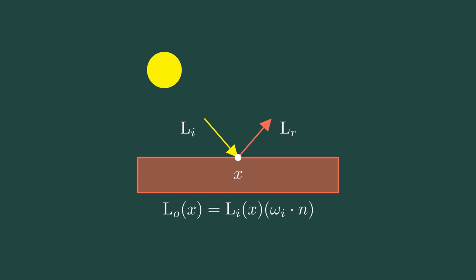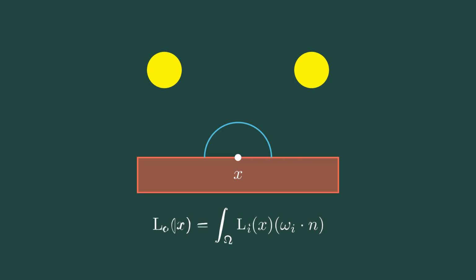But this model accounts only for one single directional light. If we want to add multiple lights, we have to calculate every possible incoming light direction in the surrounding hemisphere. In math, we can model this using an infinite integral. But since it's infinite, we cannot calculate it in real time.